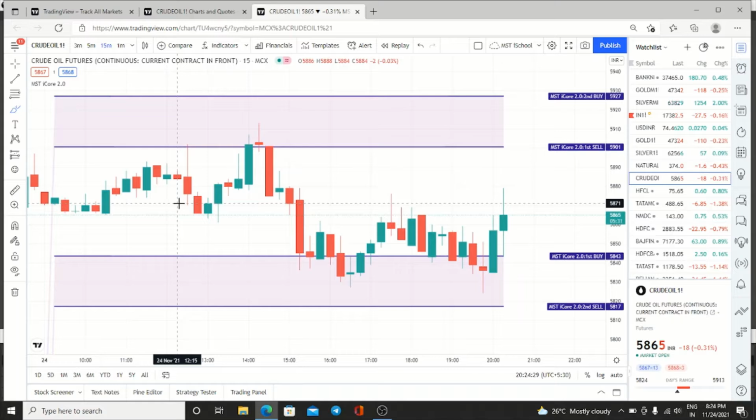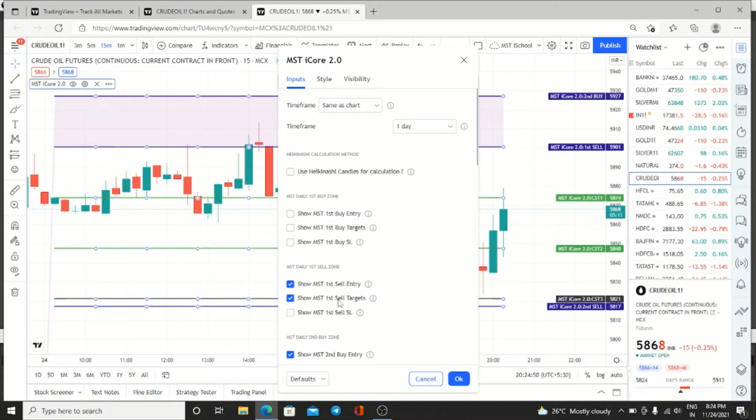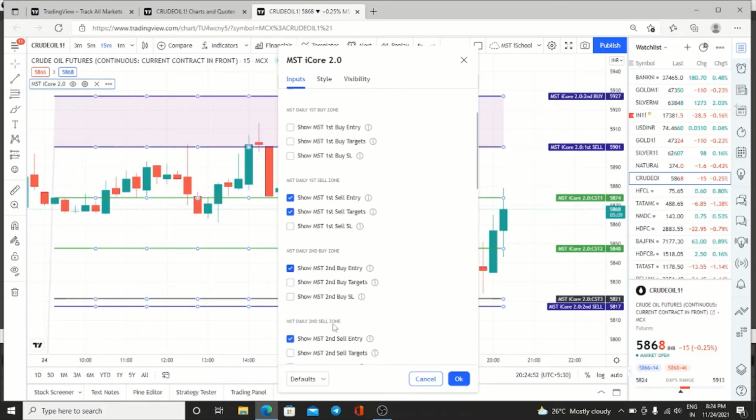So this is our trade. Now what happened? In the morning, the high made was 5902 and our sell entry is 5901. So exactly our sell entry got activated. Now what we have to do is go here, remove the first buy entry, enable the first sell targets and remove the second sell entry.